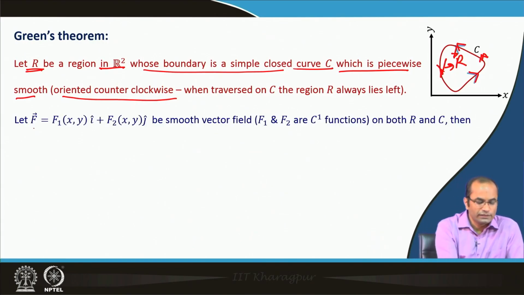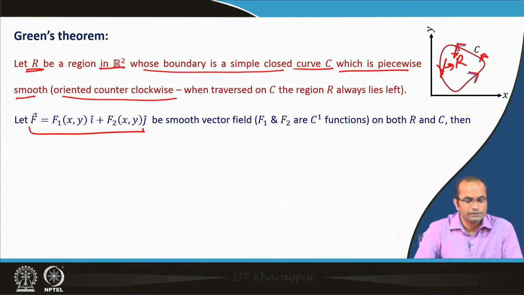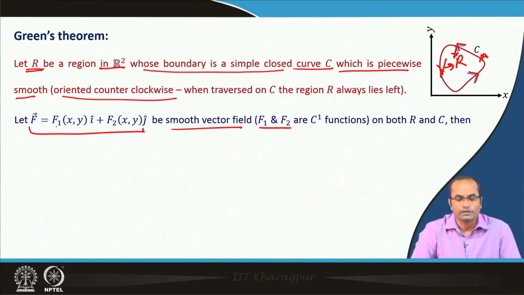Then assume that F is a vector field F1(x, y), F2(x, y) with two components, since we are talking about two dimensions, and it is a smooth vector field. That means F1 and F2, these two functions of two variables, are C1 functions, so they are continuous and differentiable on both the region R and the boundary.